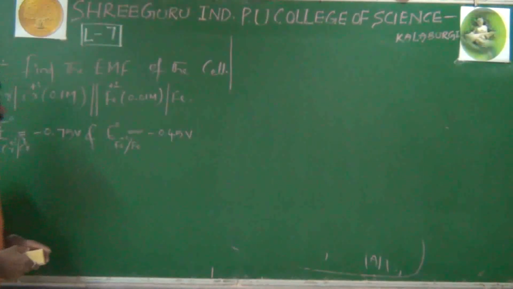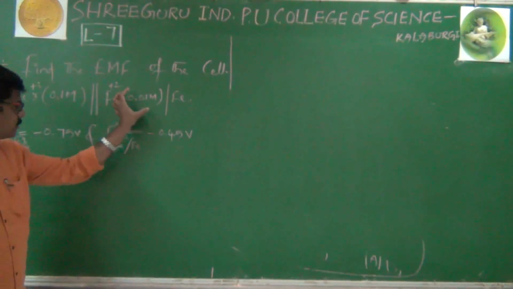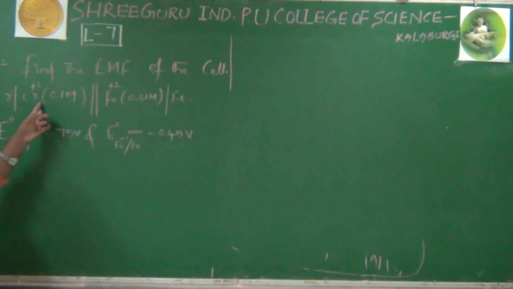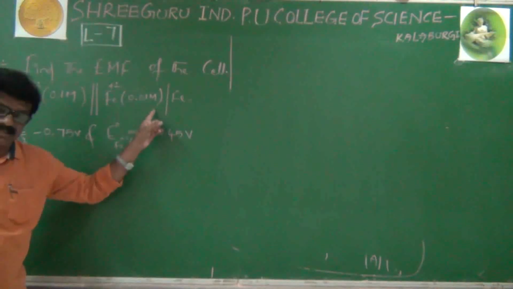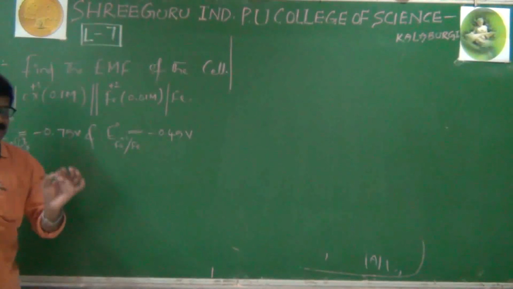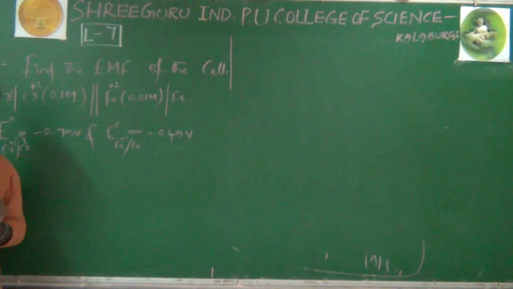I'll repeat once again. Then if you observe the entire cell, left side electrode is undergoing oxidation, right side electrode is undergoing reduction. How we are telling that left side electrode is undergoing oxidation as well as right side electrode is undergoing reduction? That is explained with the help of their SRP values.